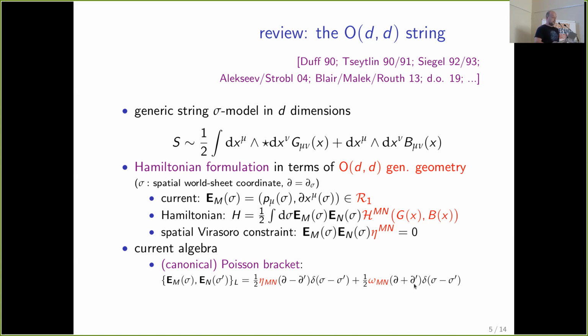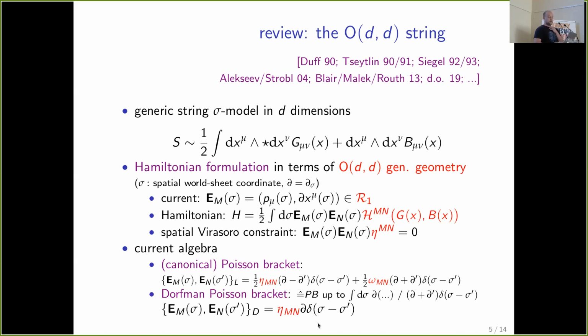And in many settings, of course, parts like this are zero. So if we do that and we neglect terms which are total derivatives under the spatial integral, then we get something which I call the Dorfman-Poisson bracket, which looks much simpler and is also only defined in terms of the original generalized geometry. And I think this is where generalized geometry was first discovered, in these papers at the beginning of the 90s.